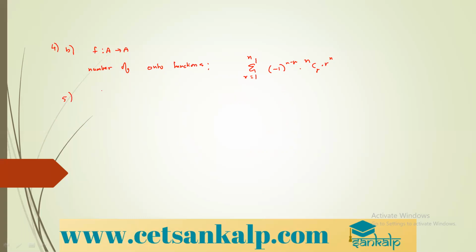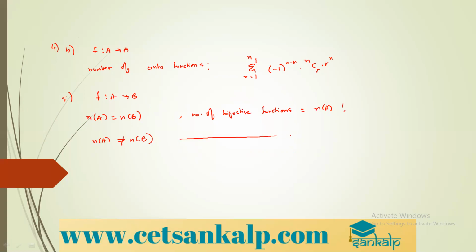Coming to the fifth formula, f is a function from A to B. Suppose the number of elements in A is equal to the number of elements in B, then the number of bijective functions that can be formed, you can write, is the number of elements in A factorial. But if the number of elements in A is not equal to the number of elements in B, then 0 bijective functions are formed.